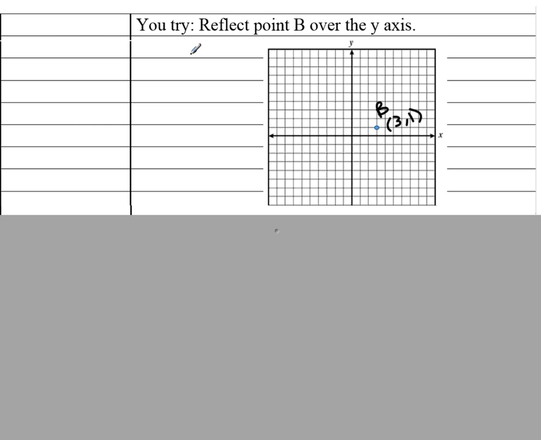Also write down the x and y coordinate. Okay, and you should have gotten that B, or we call it B prime, is -3, 1. So if you notice that when we reflect over the y-axis, it's our x value that changes. And the way that it changes is that it becomes the opposite sign of the original value.